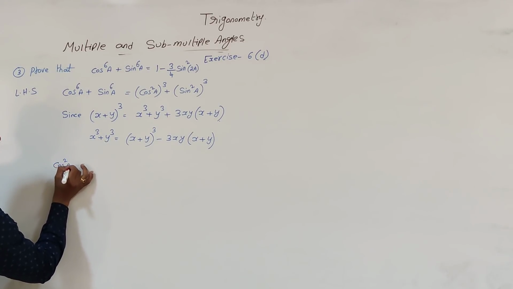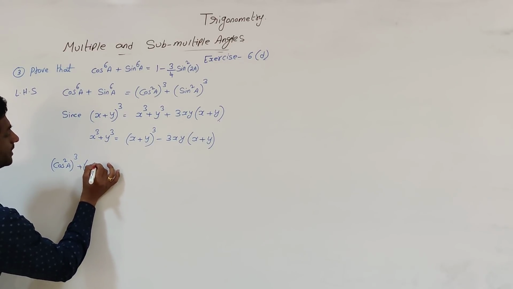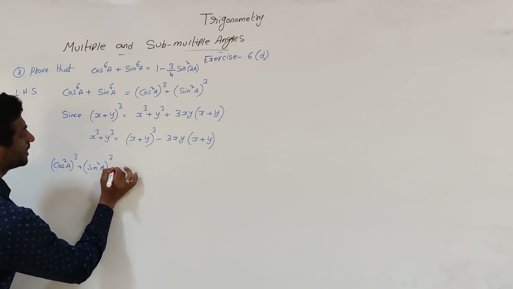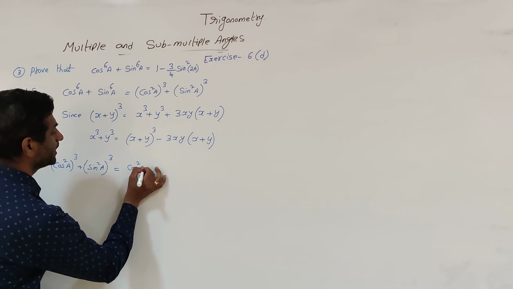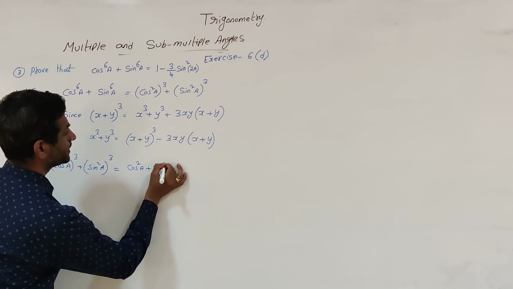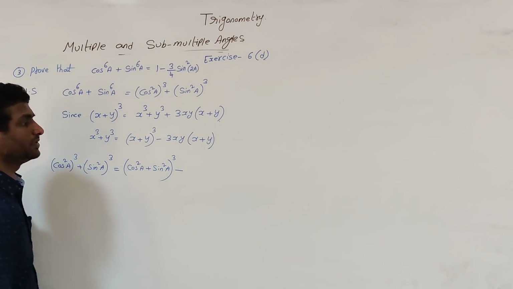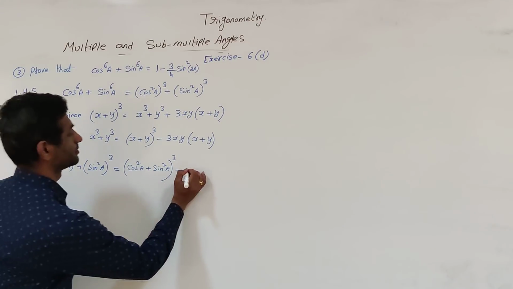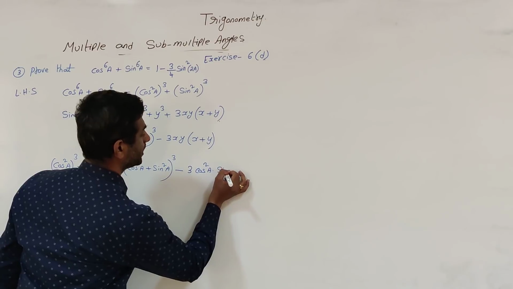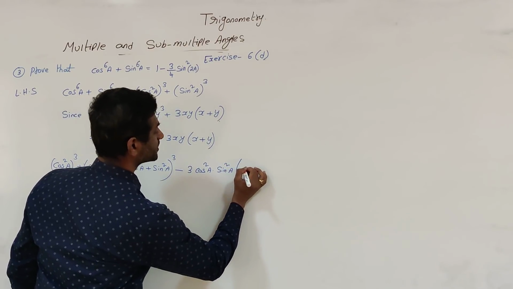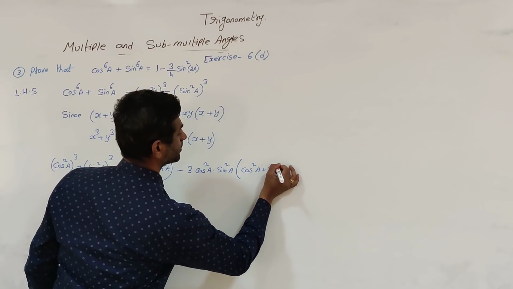Cos square a whole cube plus sin square a whole cube can be written as, in the place of x, it is cos square a plus sin square a whole cube minus 3xy, 3 into cos square a into sin square a times x plus y, cos square a plus sin square a.